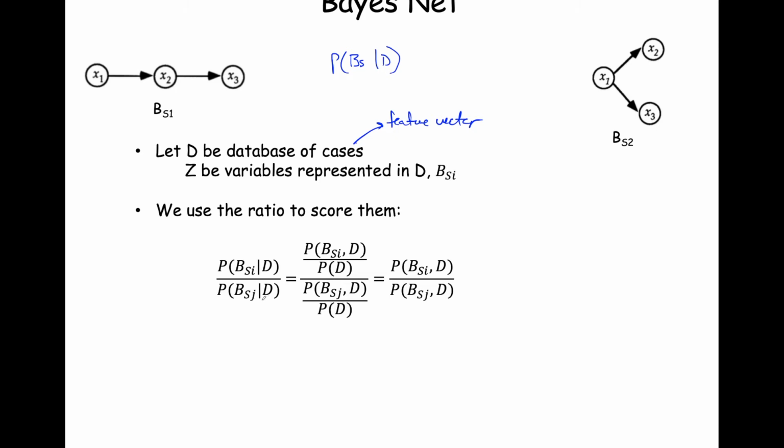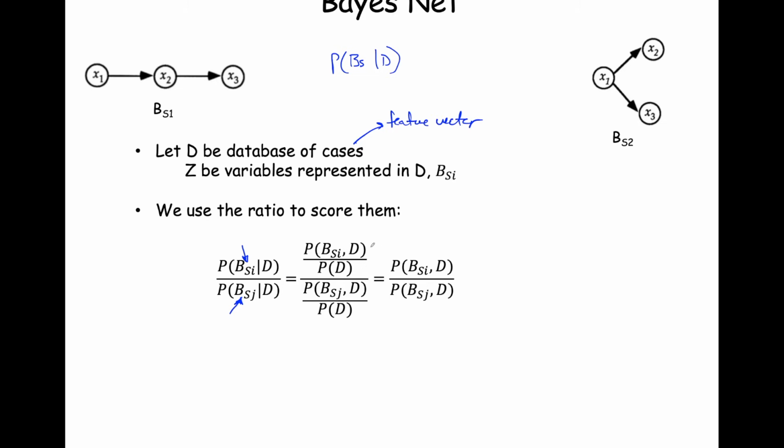If this ratio, the likelihood ratio, is greater than 1, it means the probability of Bayesian network structure I is greater. If it is less than 1, it means the probability of Bayesian network structure J is going to be greater given the data set.